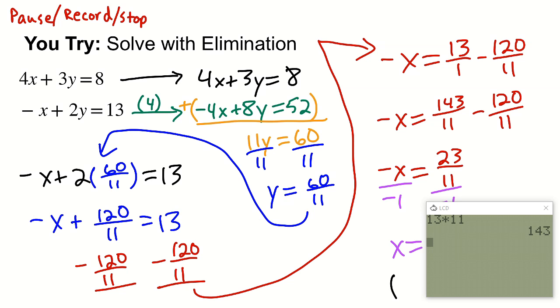So our solution is the point where the x value is negative 23 over 11, and the y value is 60 over 11. And that is how we answer a question like that.